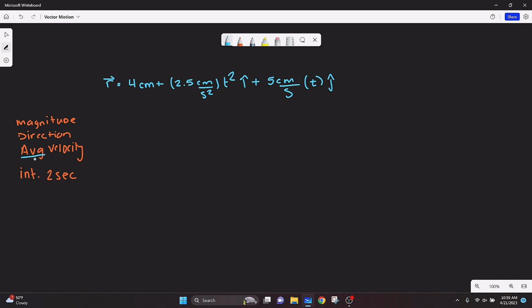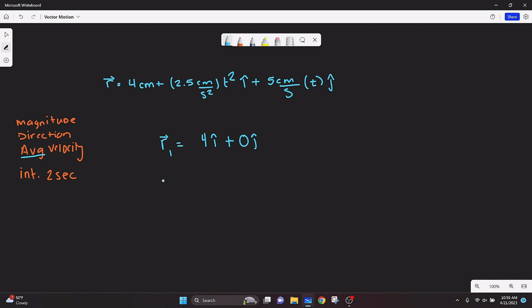So what we can do is plug in 0 seconds and 2 seconds and find out what the x and y components are for those two time points. When time is 0, our vector r1 is equal to 4 i hat plus 0 j hat.